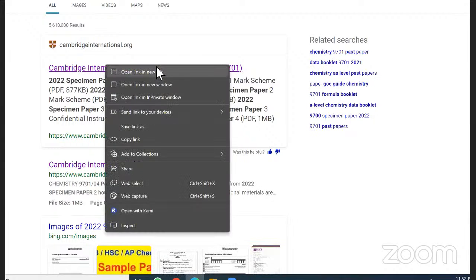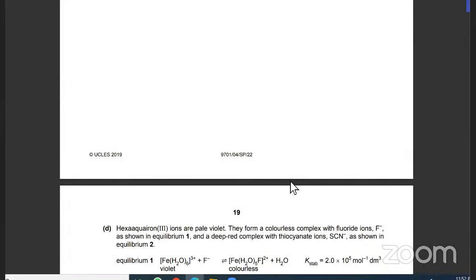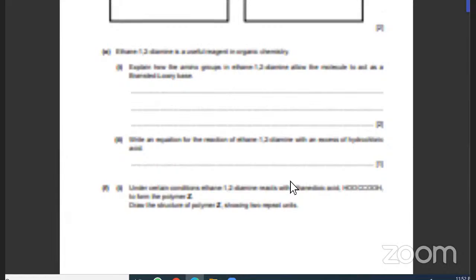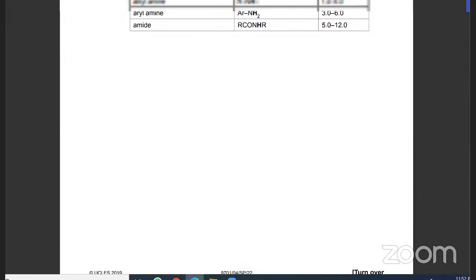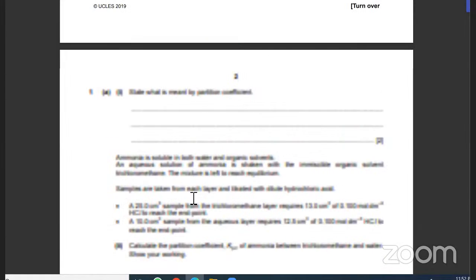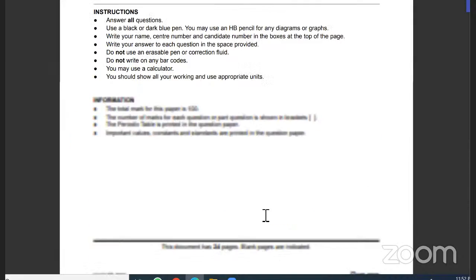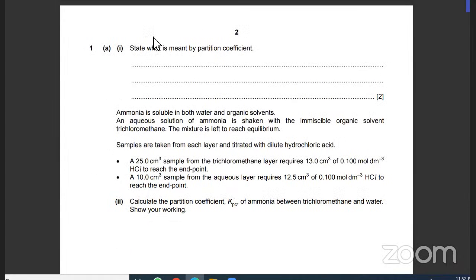So maybe this one, just one second. So hopefully it's this one. Actually, this one, 2022. Okay, so it's this one, I think.